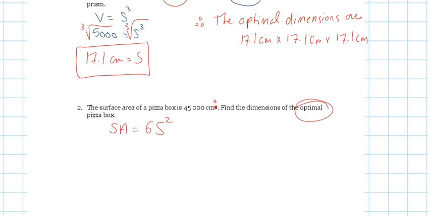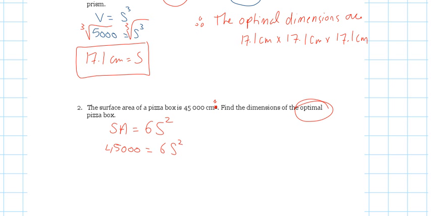And the surface area is 45,000, so I'm going to plug that in. And then what do I do to solve for S? What's the first step? Isolate. How do you isolate? Divide by 6.